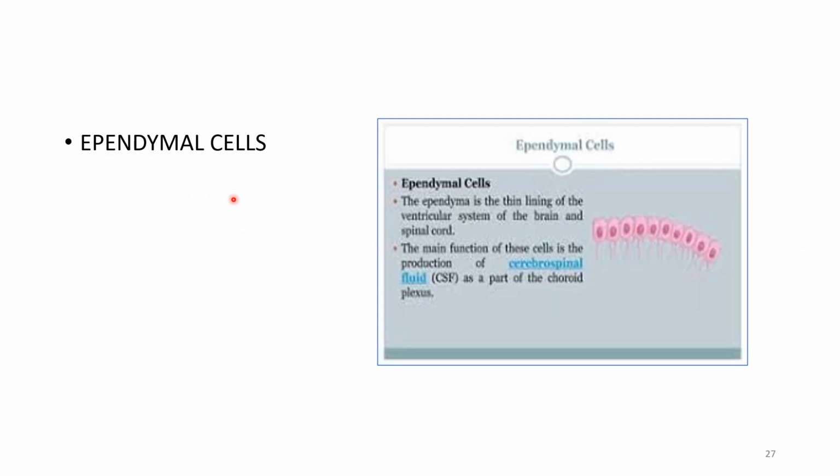Now coming to ependymal cells. These are present in the ventricular system of the brain and spinal cord, lining the ventricular system. The function is the production of cerebrospinal fluid, and they are part of the choroid plexuses.